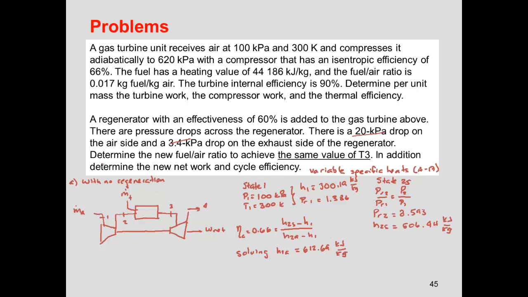Now, in order to get H3, we need to perform an energy analysis, and we're going to do it in the next page.